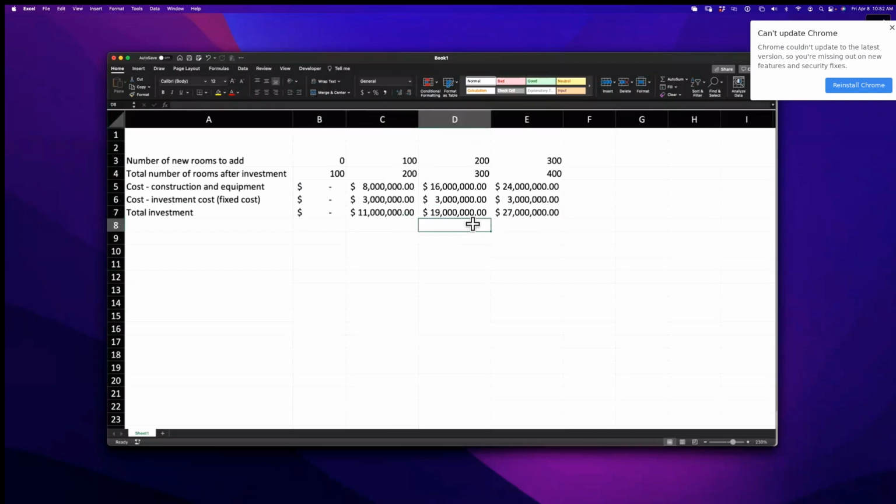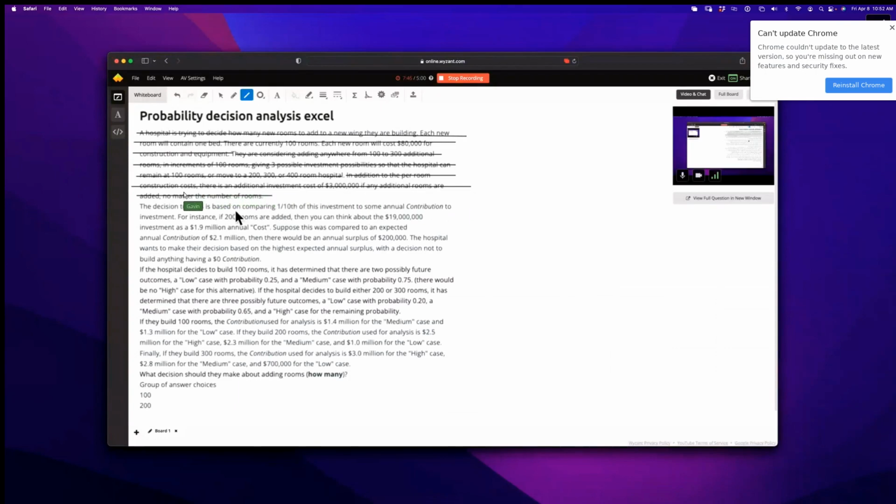Now, it says we need to compare 1/10 of this investment to some annual contribution to investment. For instance, if 200 rooms are added, then you can think about the $19 million investment as a 1.9 million annual cost.